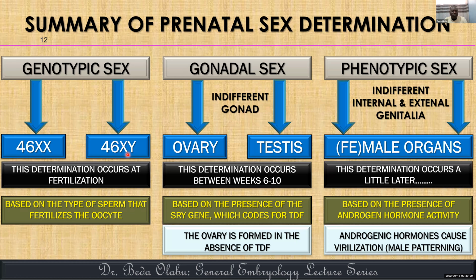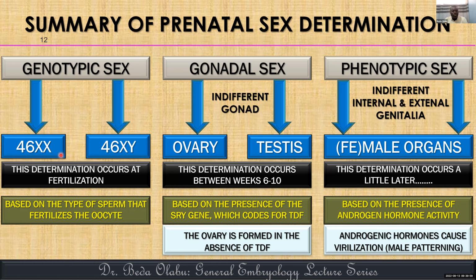And so it therefore goes, if the embryo is 46XY, genetically male, that embryo will eventually develop a testis, gonadally male. And that embryo will therefore have significant androgens to cause virilization, anatomically male. That is synchronous.